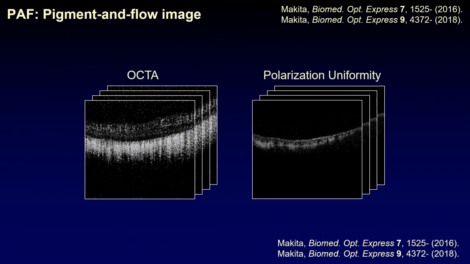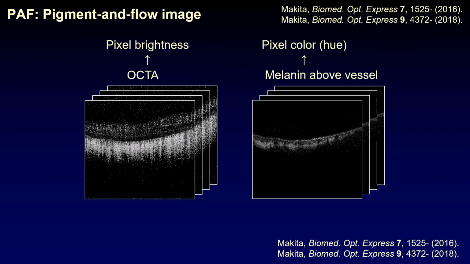By combining them, we obtain a pseudo-color image, the so-called pigment and flow image. To generate the pigment and flow image, we used OCTA to define the pixel brightness. From polarization uniformity, we estimated the amount of melanin existing above each pixel of interest, and used it to determine the color of the pixel.